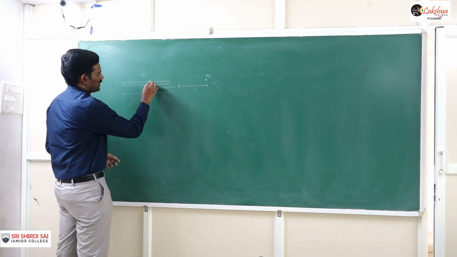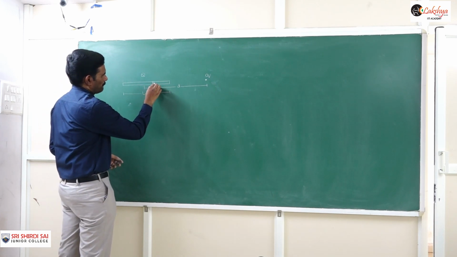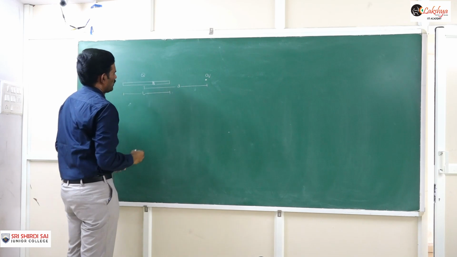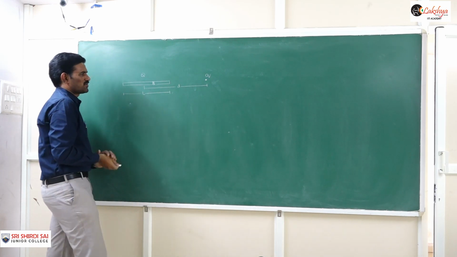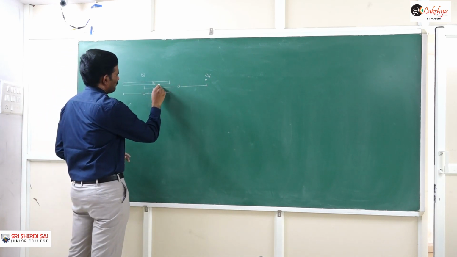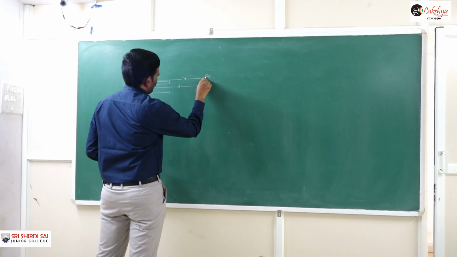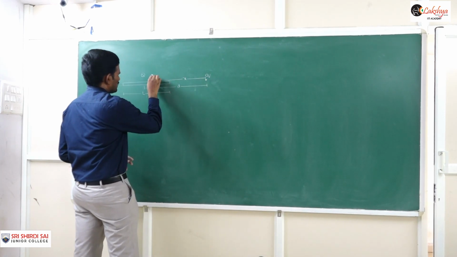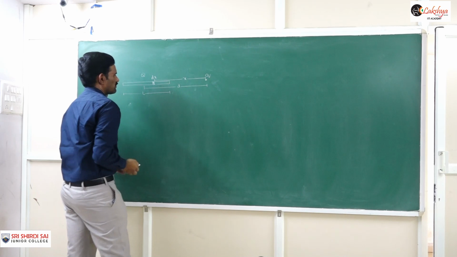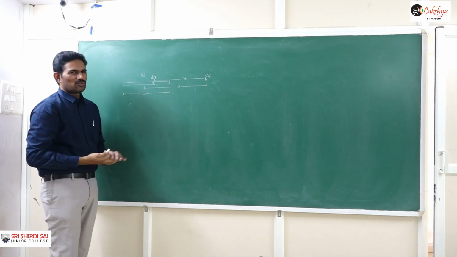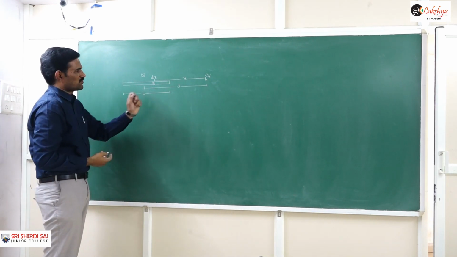So for that I am taking a small element here. Let us take a small element of this object at a distance of x from this point charge, and this is dx. First write down this problem.